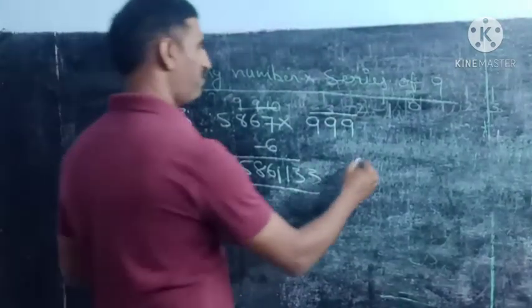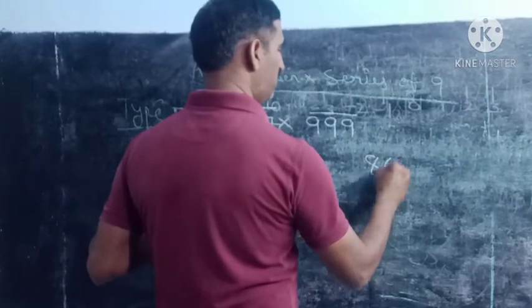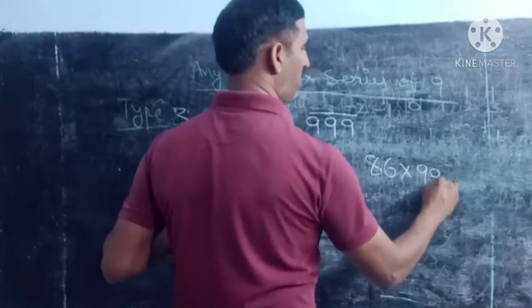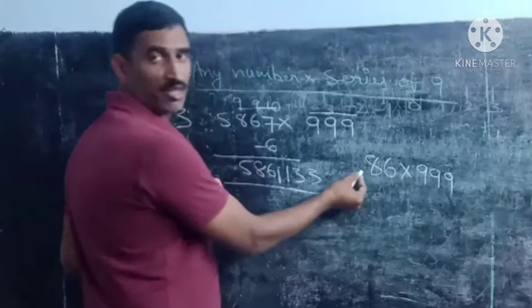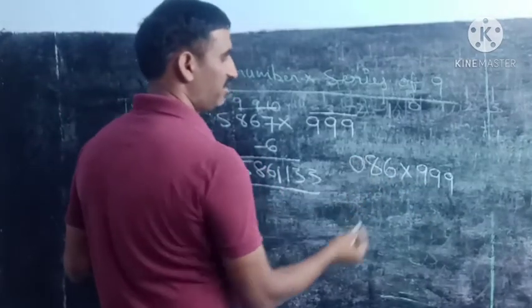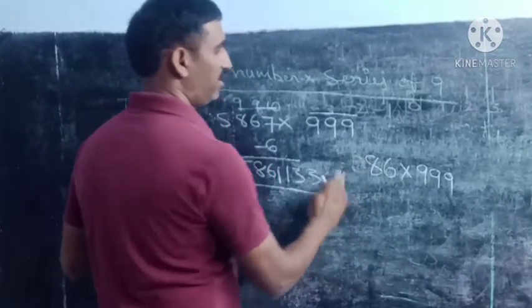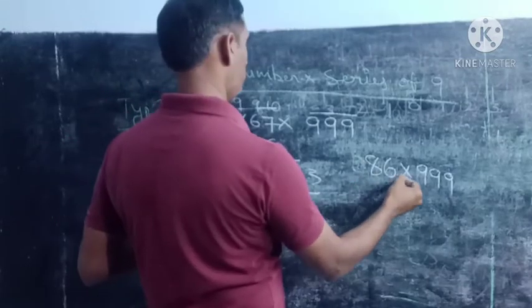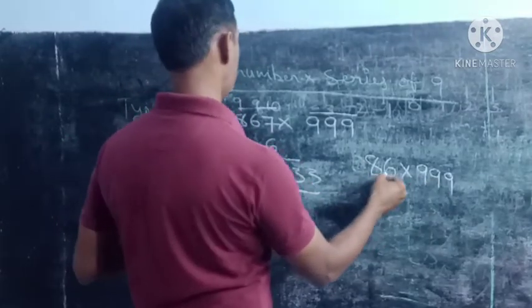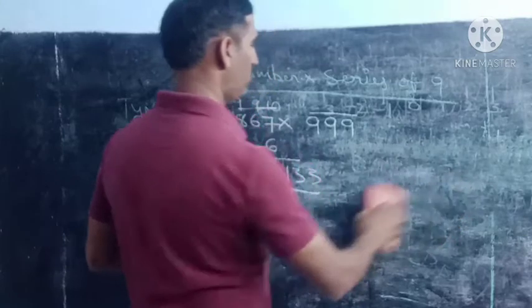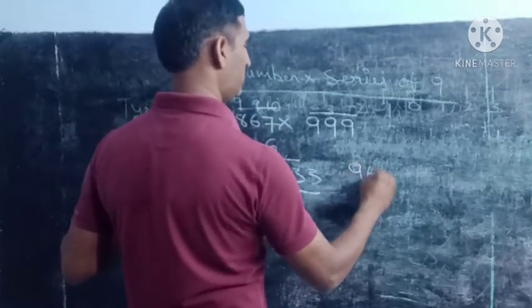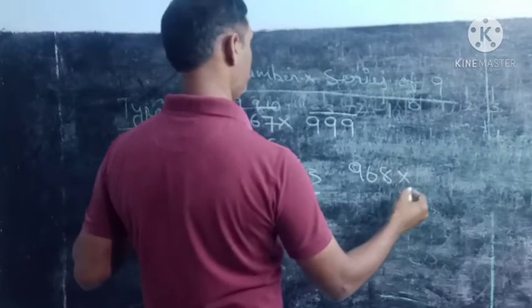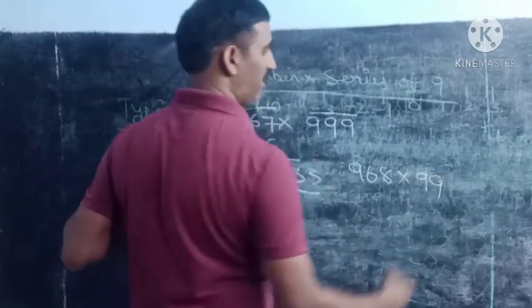So next number I will take 86 into 999. So here 2 digits, 3 digits. No, sorry, 3 digits and 2 digits. Here 2 digits, here 3 digits. This is type 2. Don't do it like this. First, 968 into 99.